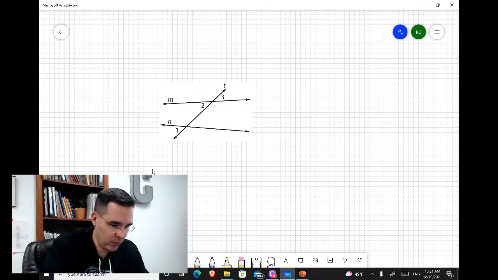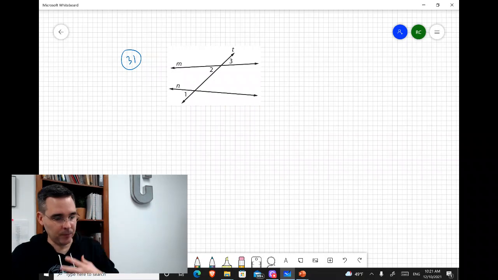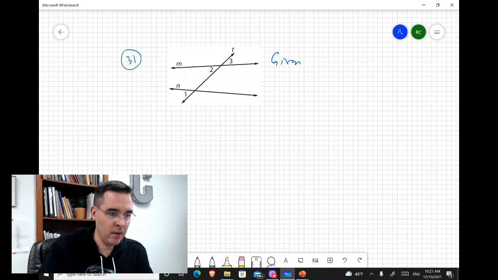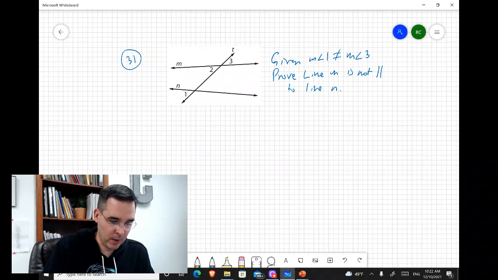This is number 31 on page 231. We are given that the measure of angle 1 is not equal to the measure of angle 3. And I have to prove that line M is not parallel to line N. So I'm going to start out again in the form of my first statement.